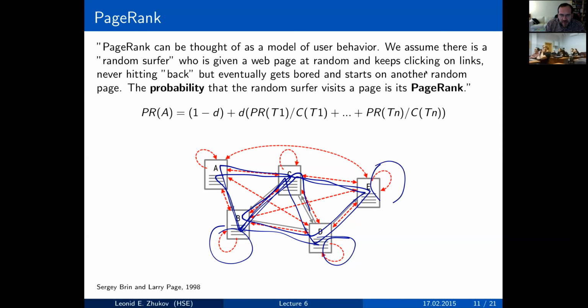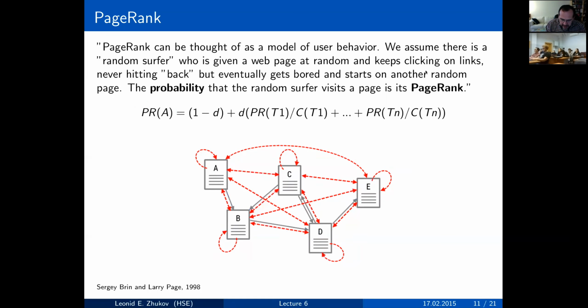Anyway, so the PageRank score of node A consists of two parts. One part comes from this accumulation of the scores from different pages. Let's look at this.